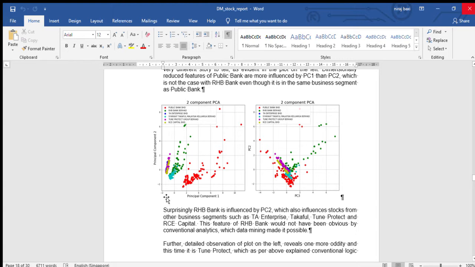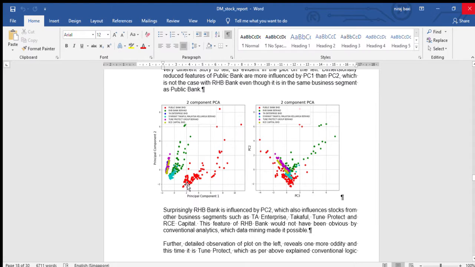That was the hypothesis that we wanted to study and evaluate. Well, just by doing the principal component analysis, it has shown very clearly that's not the case, because you can see green, which is RHB Bank, and red, which is Public Bank. Public Bank is represented more strongly by principal component 1 over here.